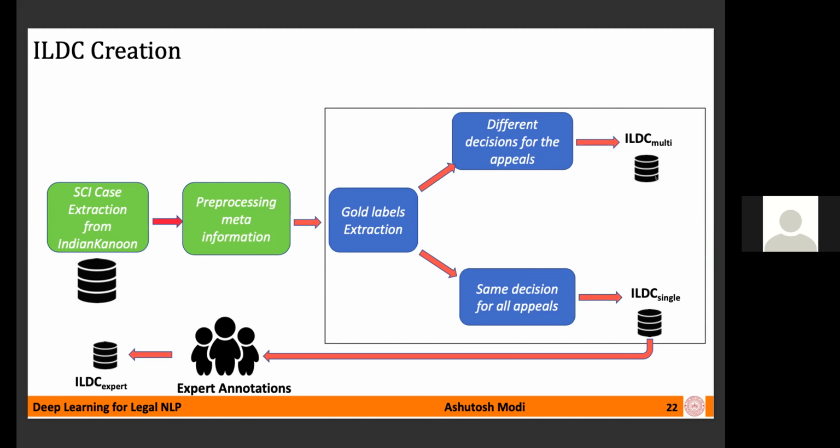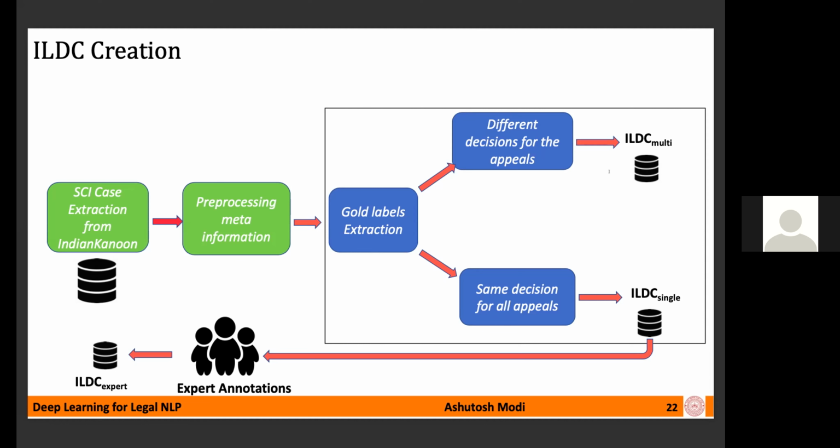And then there is ILDC multi, where we have multiple petitions, but the decisions might be different across these petitions. Also, for certain cases where we have multiple petitions but the decision is the same across all of them, those are also part of ILDC single.